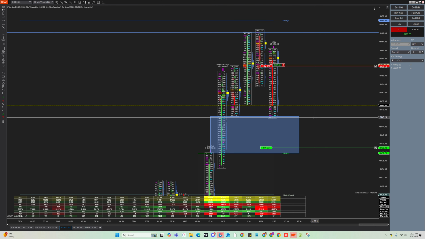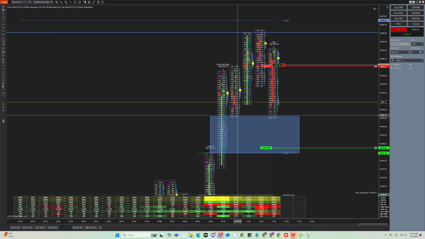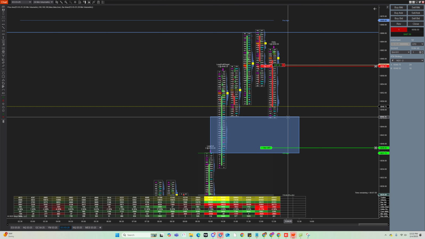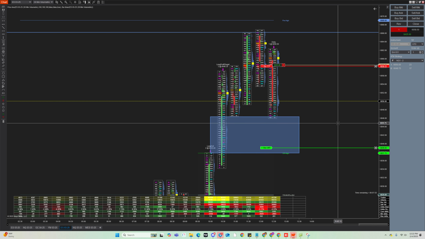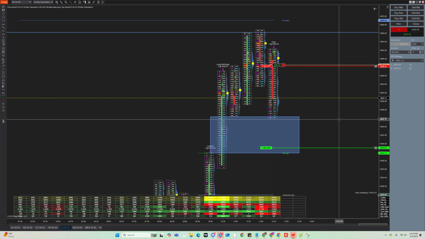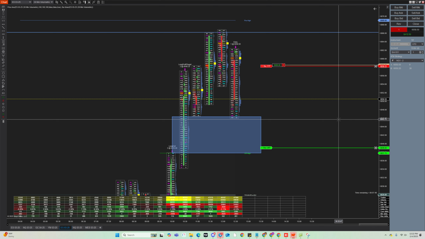This is the very top of the single print right here because this candle came right below it, until this candle penetrated a little bit of this single print. So the blue zone is just the single print. All right. So now that we understand that concept, you can also search what a single print is and things like that.